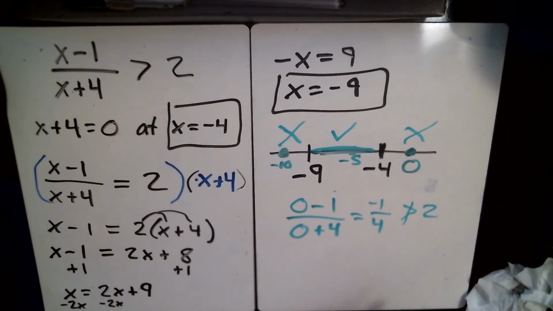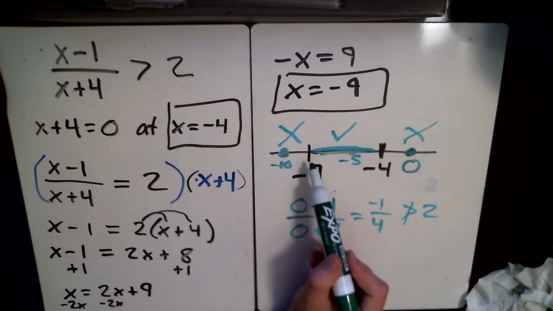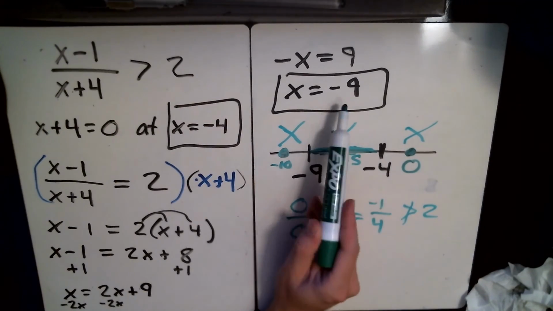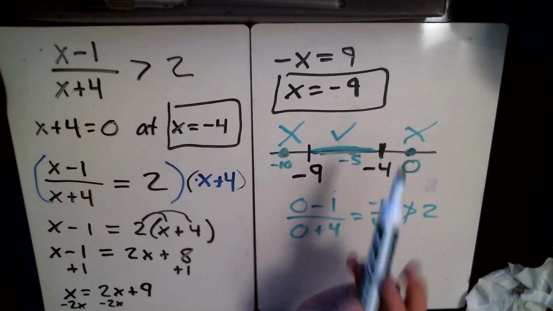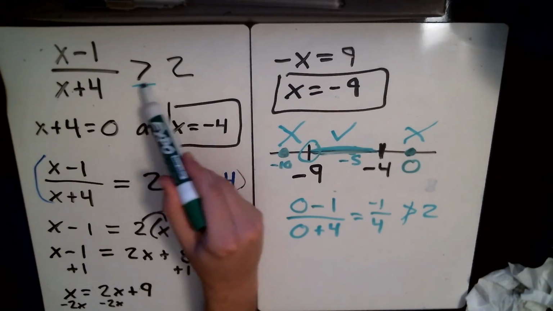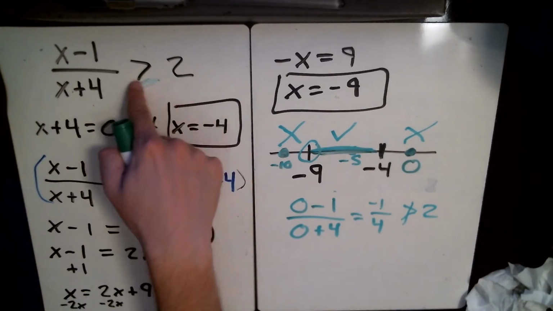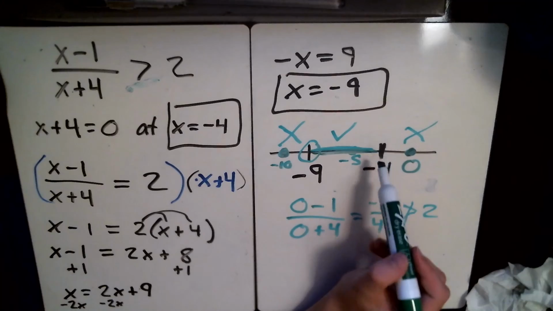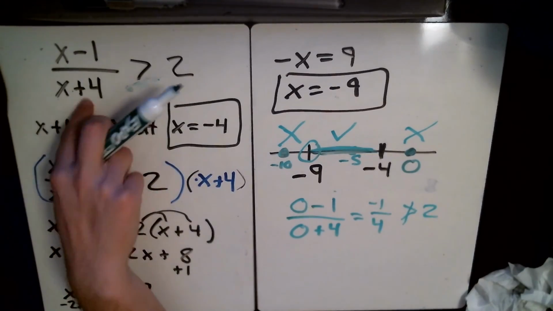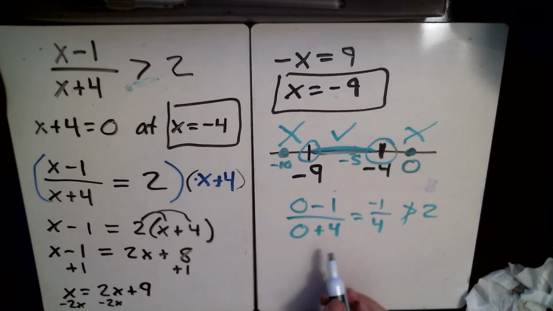Okay, and in our case, where it's strictly greater than 2, it equals 2 at -9, so it's not going to work there, because if there was an equal to down here, this would be filled in, but there's not. And then where this thing is undefined, it's never going to work there. So both of those are not included in the solution.